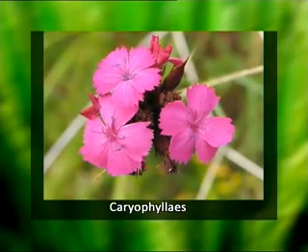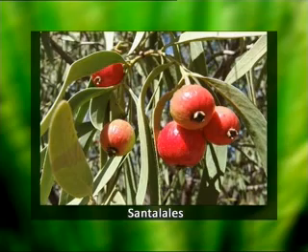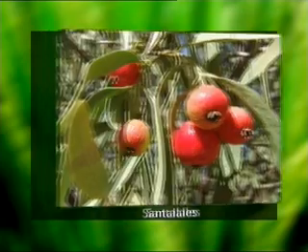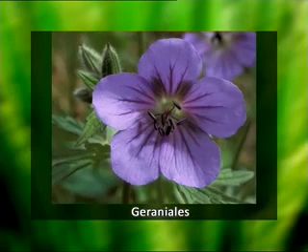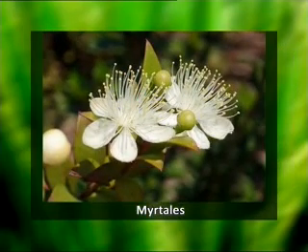Then we have caryophyllales, a large group of plants, followed by santalales. The santalales order is followed by saxifragales. Then geraniales. Geraniales is an order wherein we have the common geraniums which we use as ornamental plants. Then we have myrtales.